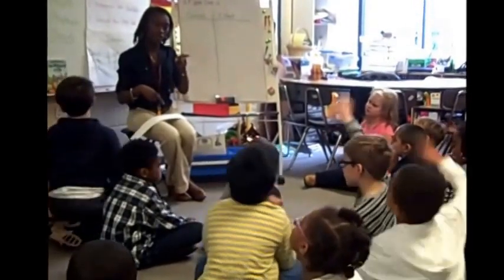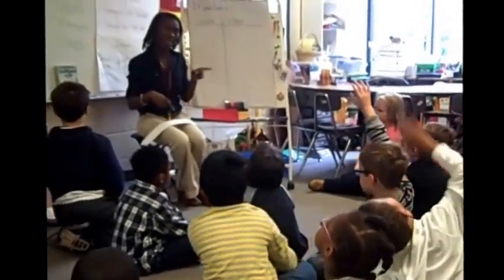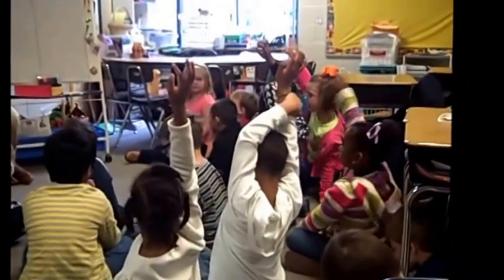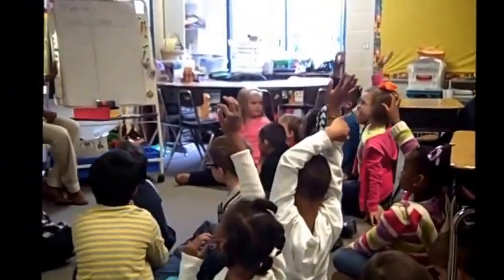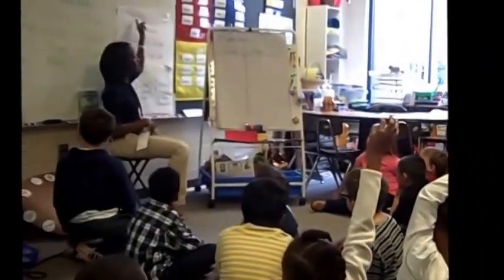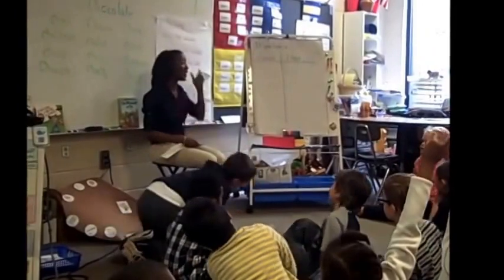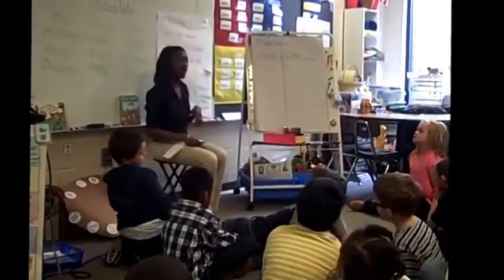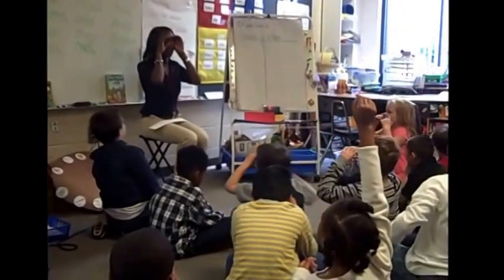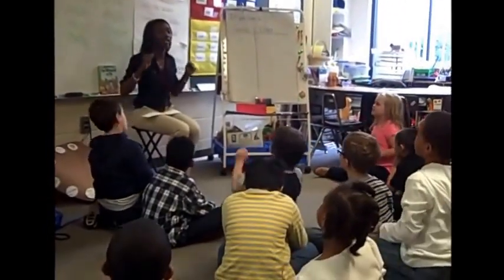What was our next tool that we learned about last week with David? What did we learn about, Chase? Their actions. We learned how to do what? Analyze a character. How do we analyze the character? We look at his actions.